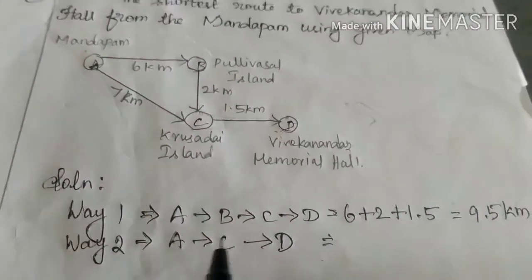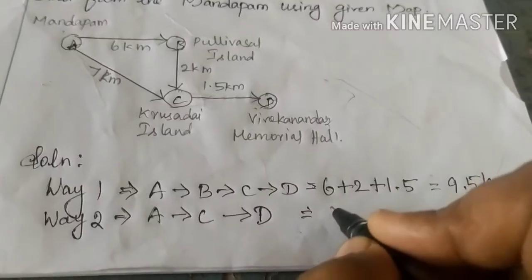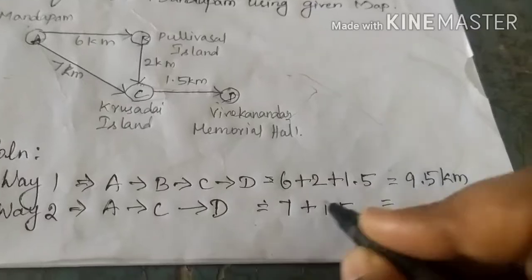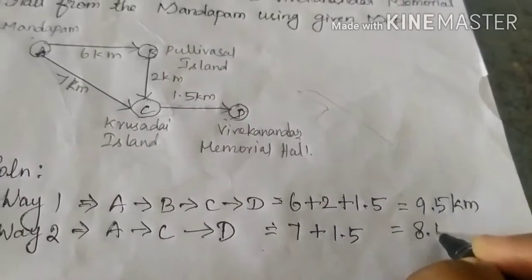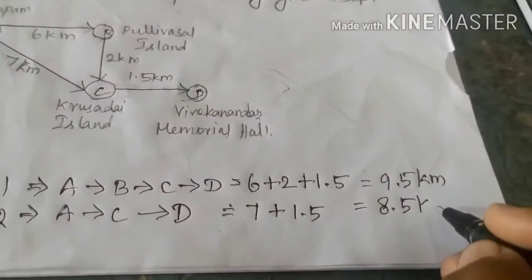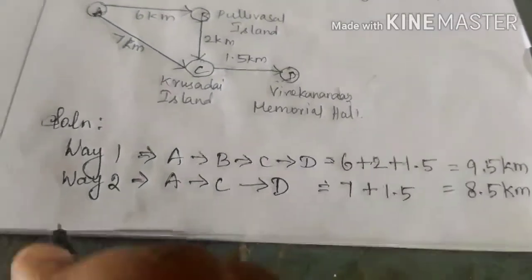Now write the kilometers of this. A to C is 7 kilometer plus 1.5 kilometer equal to 8.5 kilometer. So way 2 is the shortest distance, 8.5 kilometer.